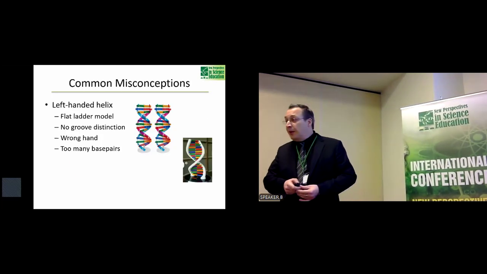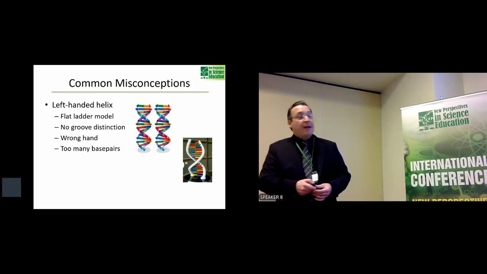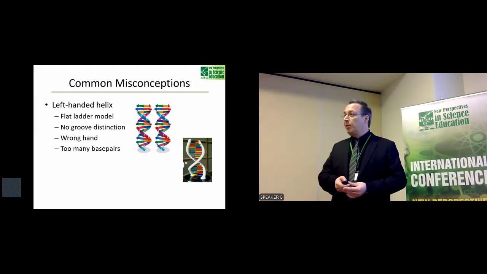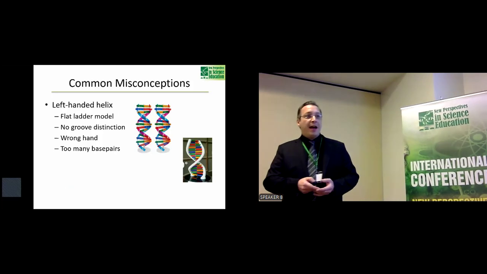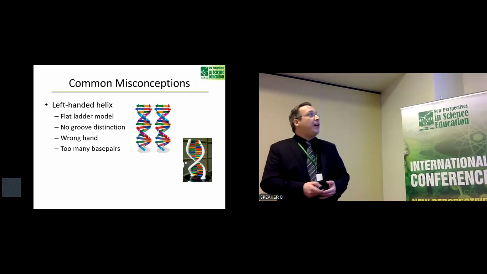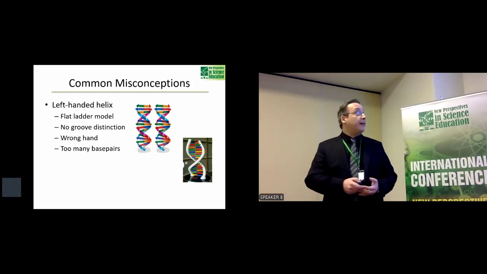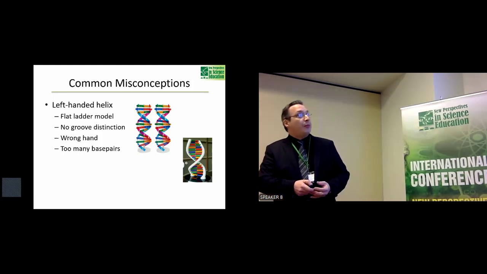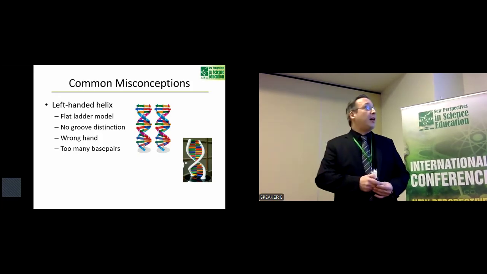Now, what are the most common misconceptions? DNA is a right-handed helix. And not only in visuals, but you can download 3D prints from the internet, labeled as educational models for biologists and for schools. And you print it, and it is wrong. It has the wrong handedness. Another problem is the number of base pairs.